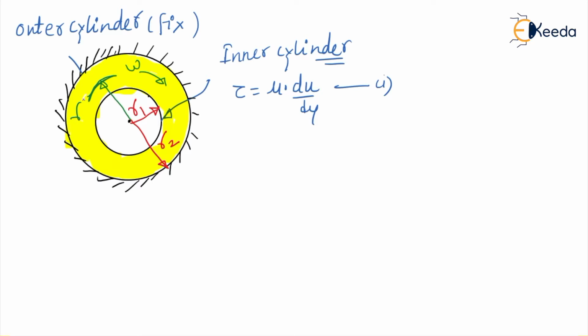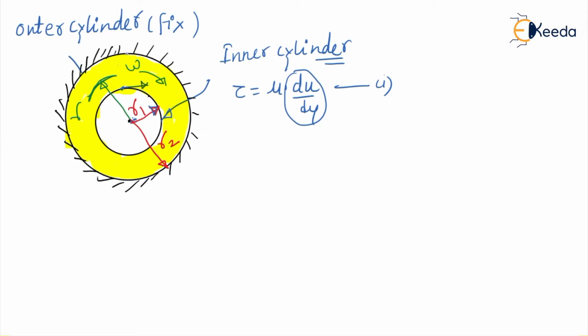Now we'll see how this equation can be applied to this particular problem. Radius we are measuring from the center. From here to here the radius is r1. From here to here the radius is r2. Now this du over dy can be seen as the change in velocity. The velocity at the inner surface will be r1 into omega.